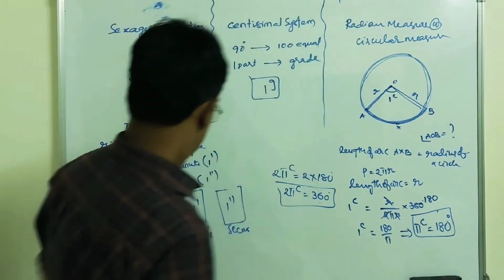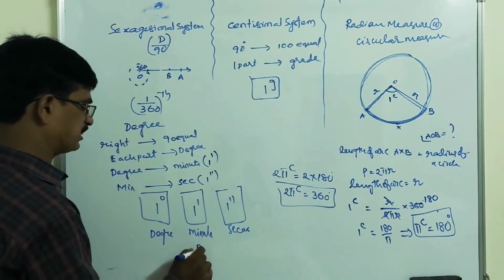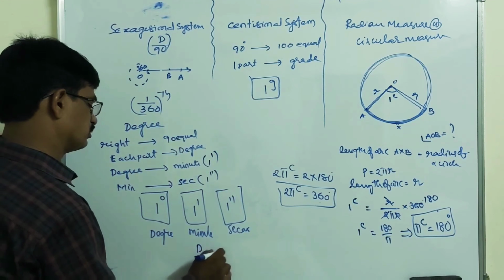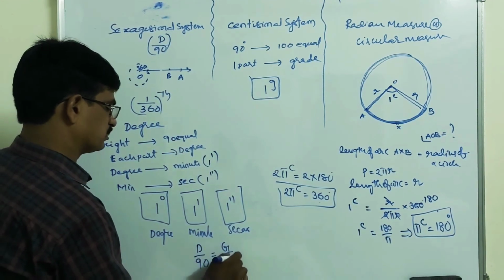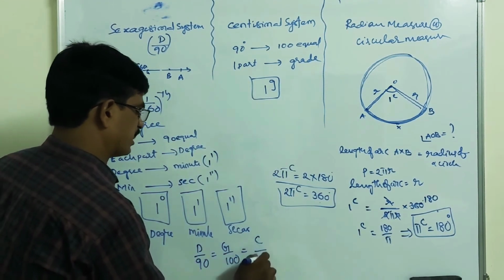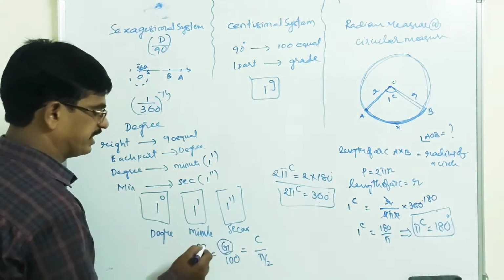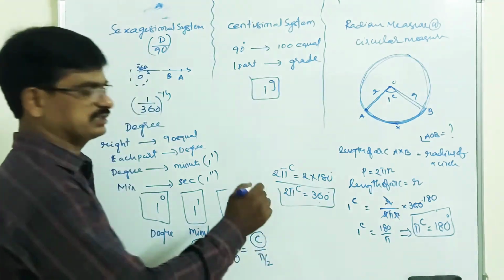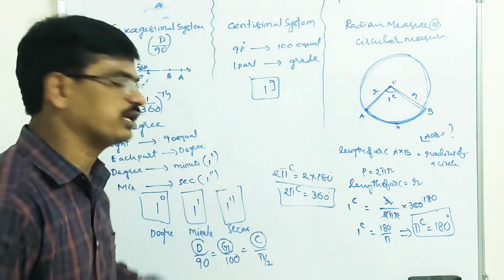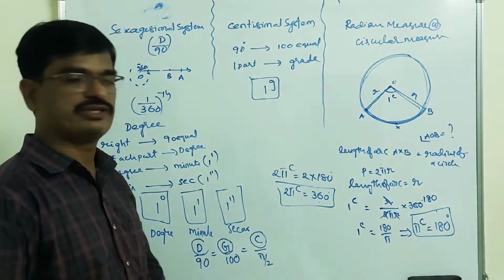These are the 3 systems to measure an angle: the sexagesimal system, the centesimal system, and the radian system. That is, D by 90 is equal to G by 100 is equal to C by pi by 2. D is degrees, G is grades, which is the centesimal system, and C is the circular measure, pi by 2 radians.